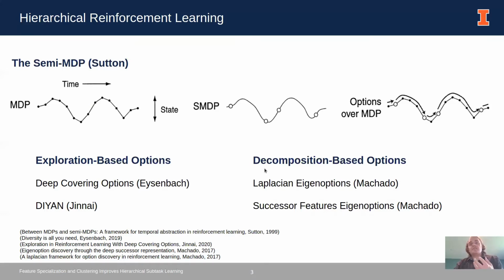On the other hand, there are also decomposition-based methods to generate options. These types of methods learn options by learning a representation of the environment, say a Laplacian or the successor feature representation, and decomposing those representations to identify the options. In literature, this decomposition is generally done with eigendecomposition, which is related to minimum cuts in graph theory.